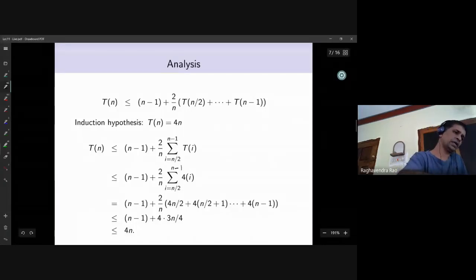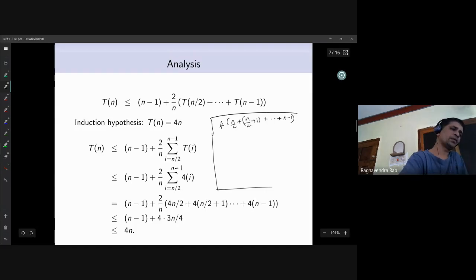Let's quickly solve it here. I'll use this space. What does the summation look like? 4 into n by 2 plus n by 2 plus 1 plus etc. plus n minus 1. So this is nothing but 1 plus etc. up to n minus 1, minus 1 plus etc. up to n by 2 minus 1, into 4, of course.